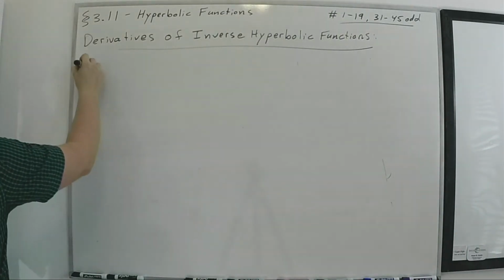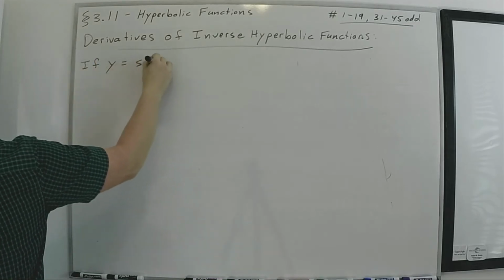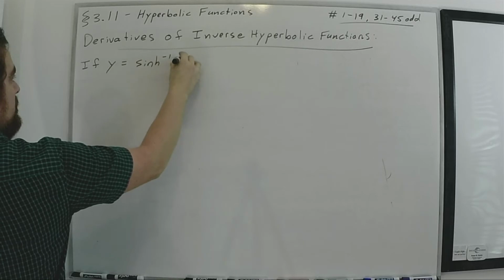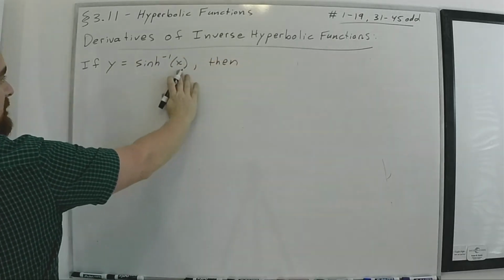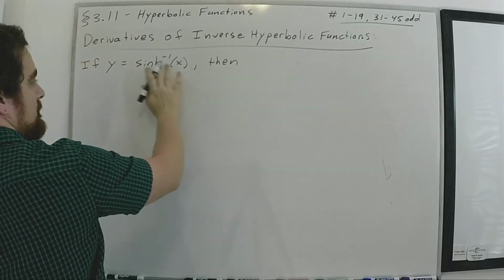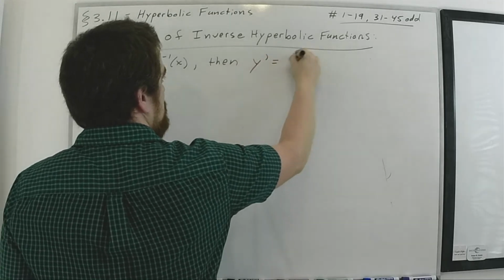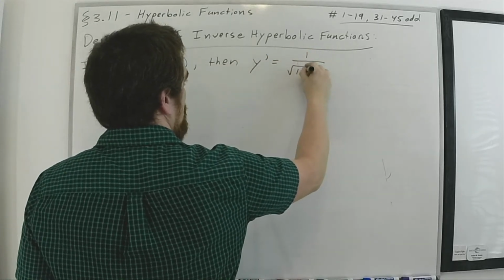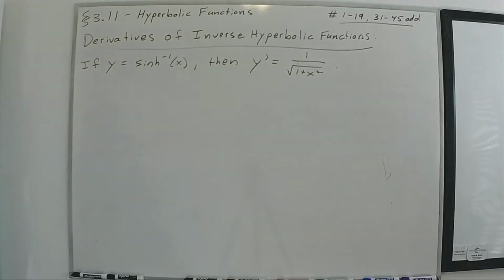Okay. So if y is sine hyperbolic inverse of x. Now again, we're dealing with inverse hyperbolic functions, not just the hyperbolic functions. Then y prime is 1 over the square root of 1 plus x squared.